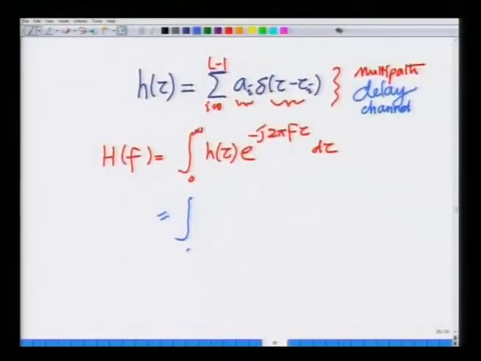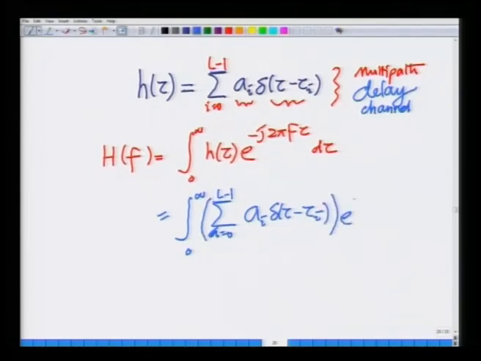Now, I am going to substitute the multipath delay profile over here, that is the sum over i equals 0 to L minus 1 of a_i delta of tau minus tau_i, times e power minus j 2 pi f tau d tau.